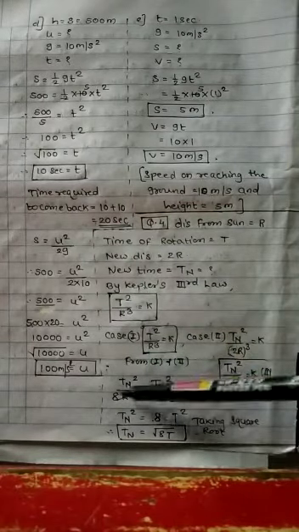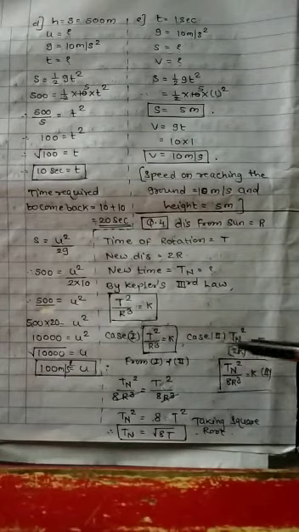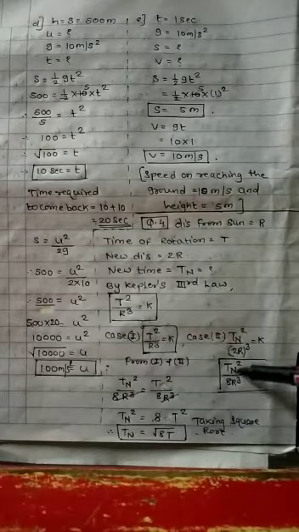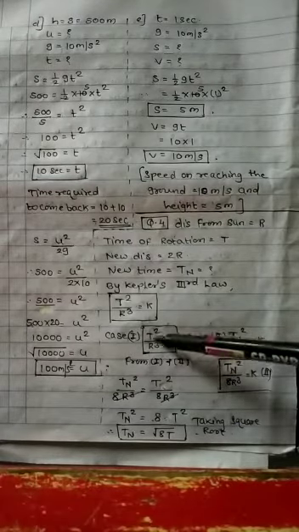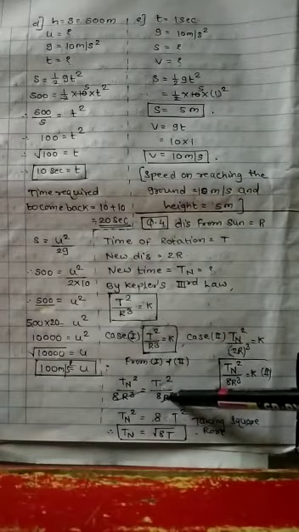Why do you have to write it like this? Because one side is the same, that is k. One side is the same here, k. That's why the other side is also the same. So here you have to write tn square upon 8r cube is equal to t square upon r cube. So r cube gets cancelled.